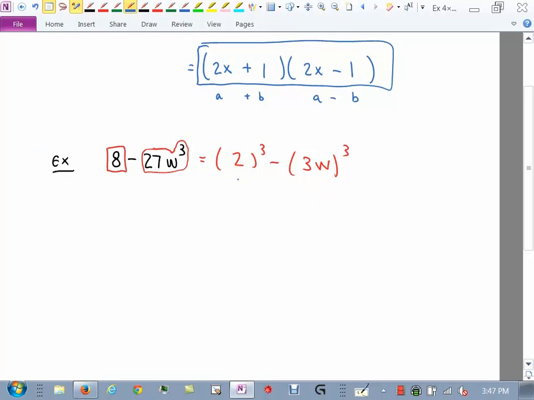So for me, my A here is 2 and my B here is 3w. And then go to the formula I gave you earlier. This should turn out to be A minus B, then A squared plus AB plus B squared.